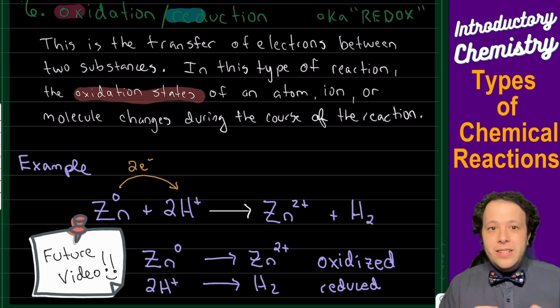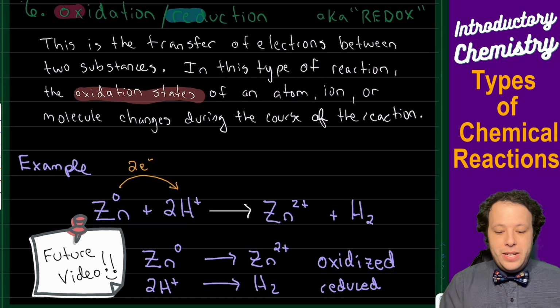Now, if we look at the different pieces of the reaction, zinc with a 0 charge turns into zinc 2 plus. So this one lost 2 electrons. When you lose electrons, that is oxidized. Okay, so lose electrons is oxidized.